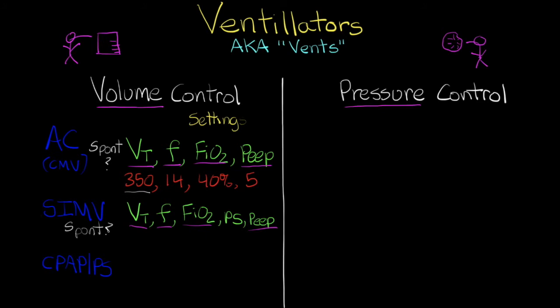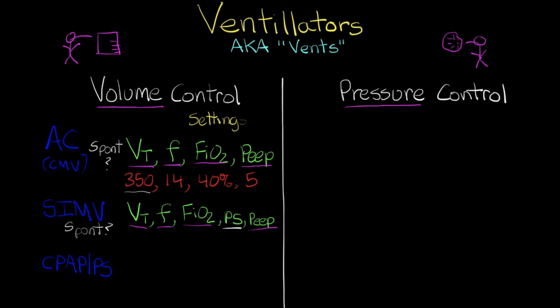So whether they want to take a small tiny breath or a big large breath, the vent is going to allow them to do that. And that is where our pressure support comes in and assists with that spontaneous breath. The analogy that I have for this, and this may not be the best analogy, is if you imagine you have a short hose and you're trying to take a breath through this hose, and somebody on the other end were to blow in as you're taking a breath, it would make it easier for you to take a big breath.